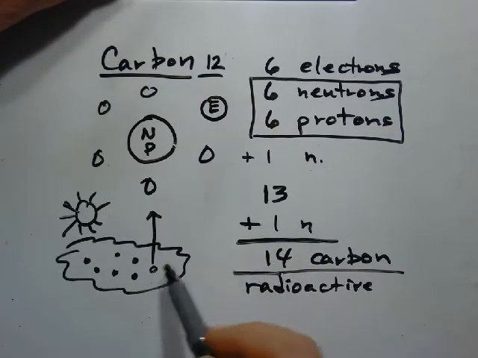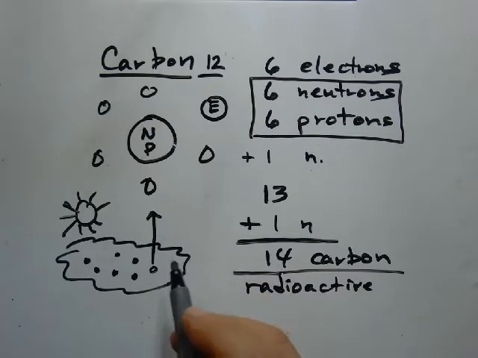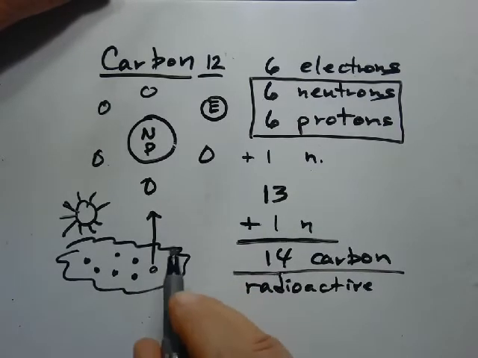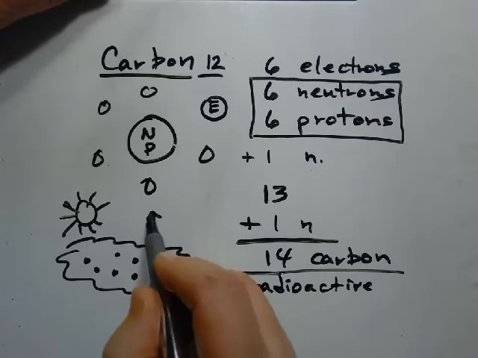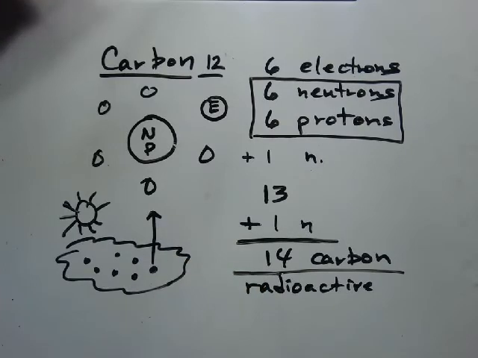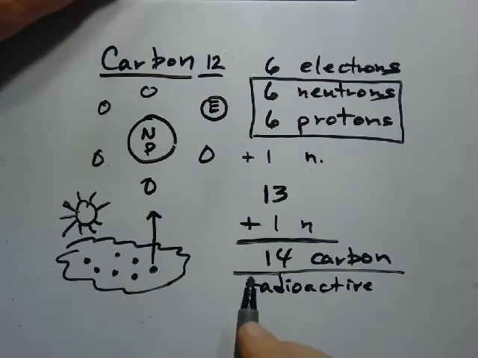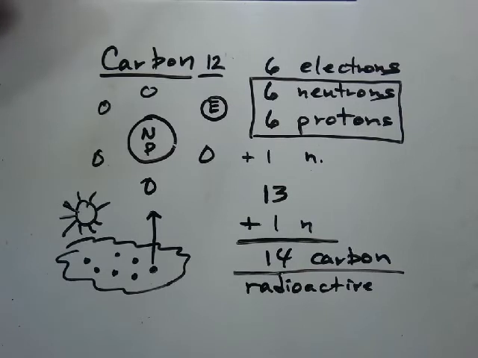Those particular neutrons that have been added into the mix here really want to escape and get out into the atmosphere. And that is affected to some degree by the radioactivity in the atmosphere. And so it's desiring to get rid of that.